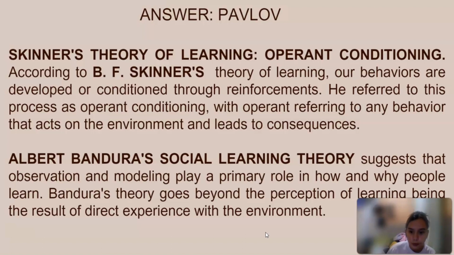Two, retention. Reproduction of the desired behavior implies that the student symbolically retains the observed behavior. And number three, motor reproduction. After an observation, physical skills and coordination are needed for reproduction of the behavior learned.